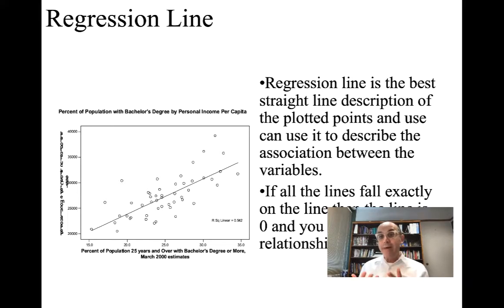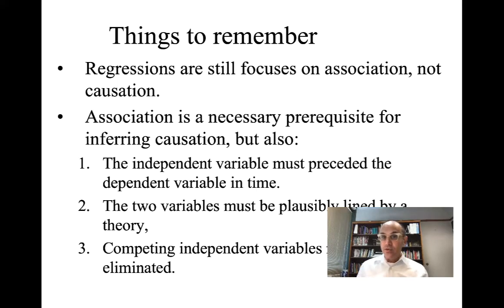And if it matches, it will be a more accurate reading of the regression analysis result. So things to remember: regressions are still focused on association and not causality, and this is really important.